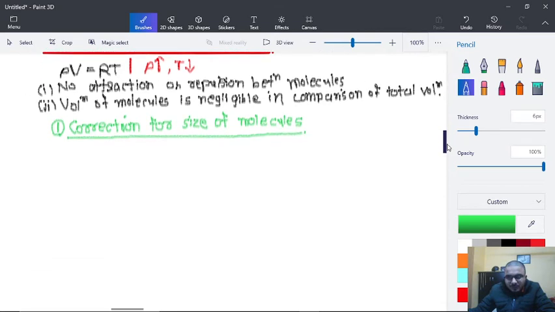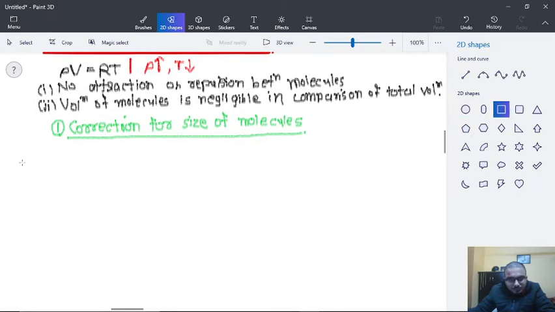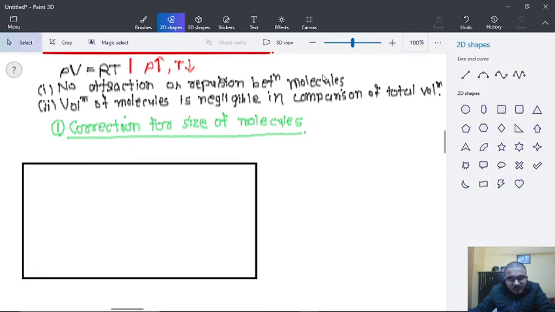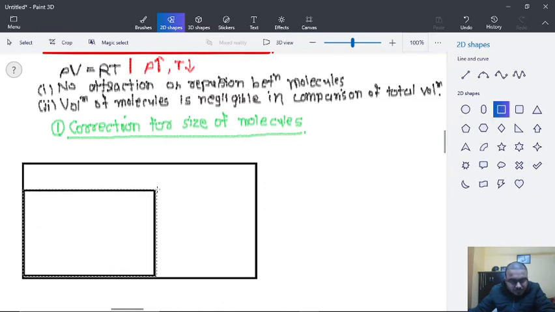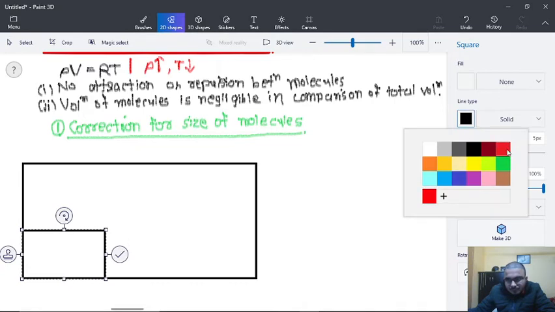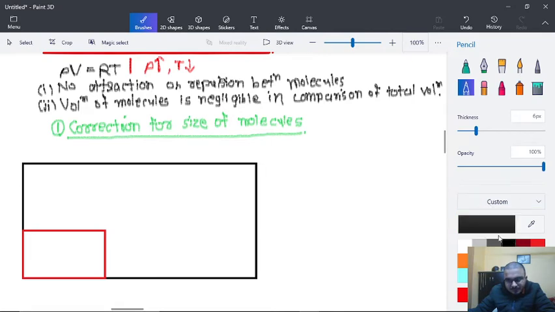Here we will take one vessel like this, and let's say the total volume of this vessel, okay. So we are doing correction for the second assumption first.